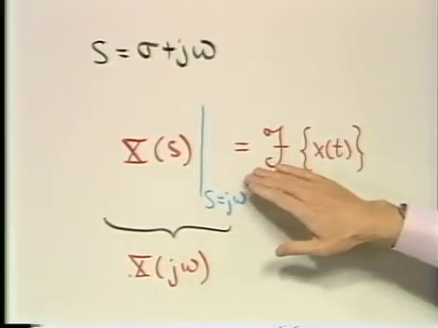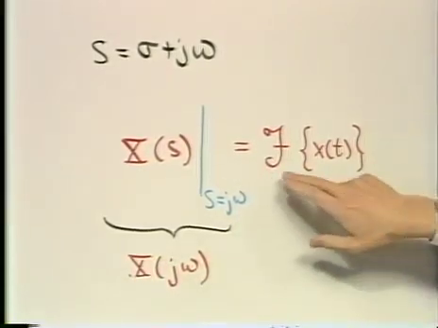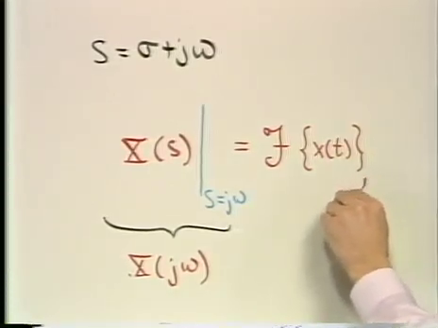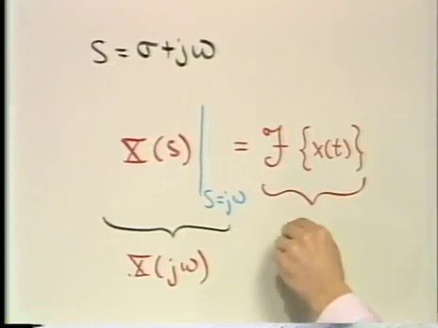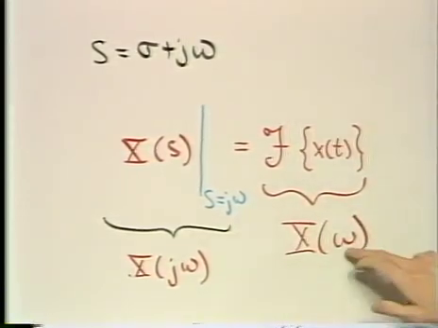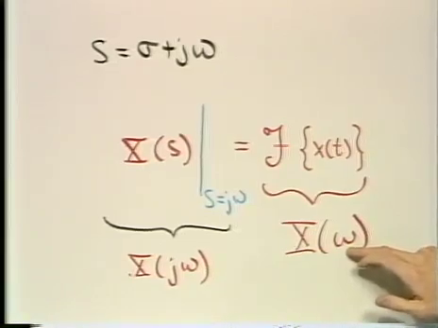On the other hand, the right-hand side of the equation, namely the Fourier transform of x of t, we've typically written as x of omega, focusing on the fact that it's a function of this variable omega.